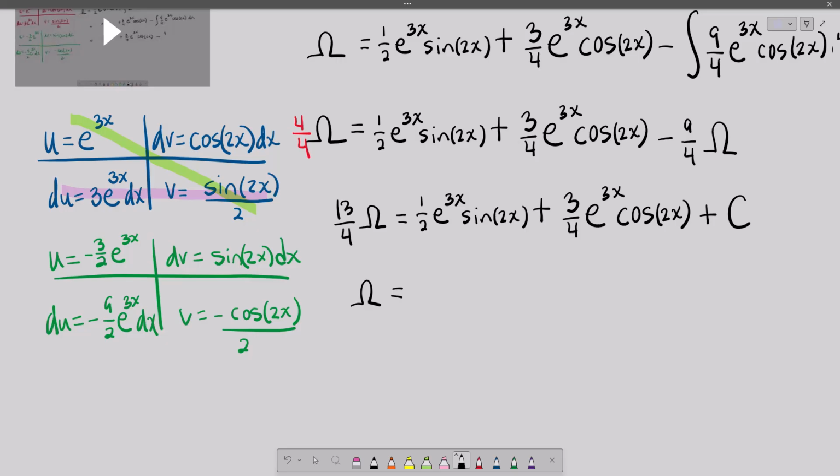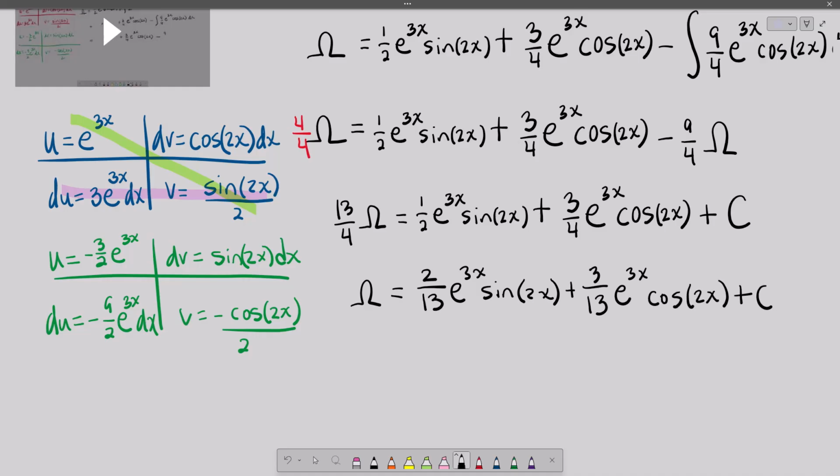So 4/13 is coming over here. So we're going to have 2/13 e to the 3x sine of 2x. 4/13 here, the 4's will cancel, so we get 3/13. And that is our final answer.